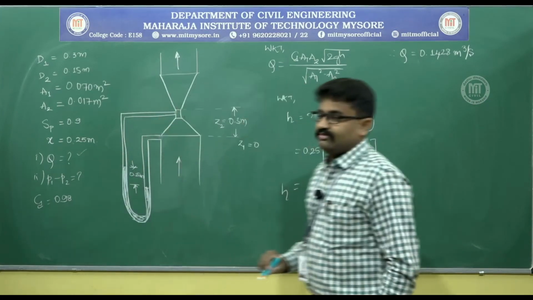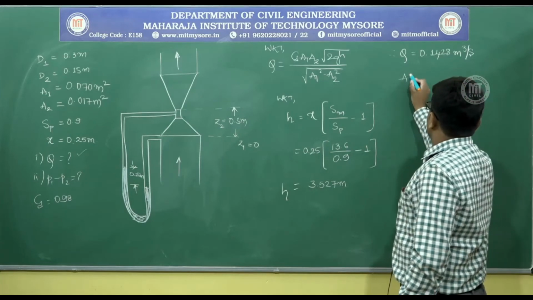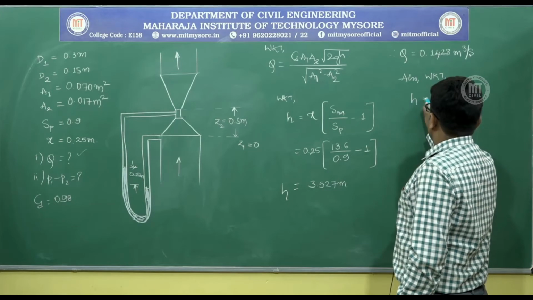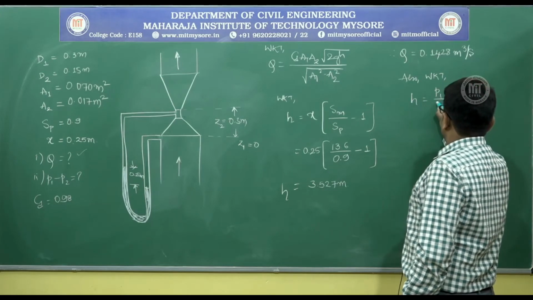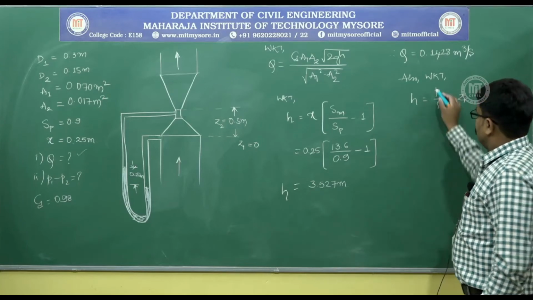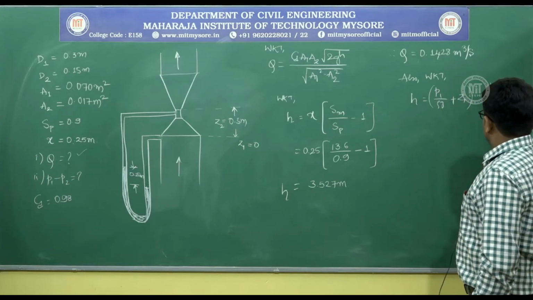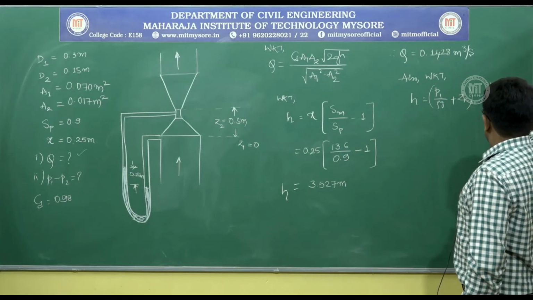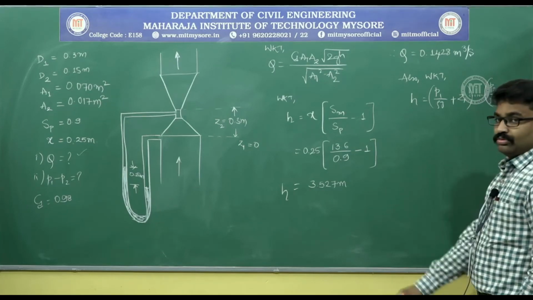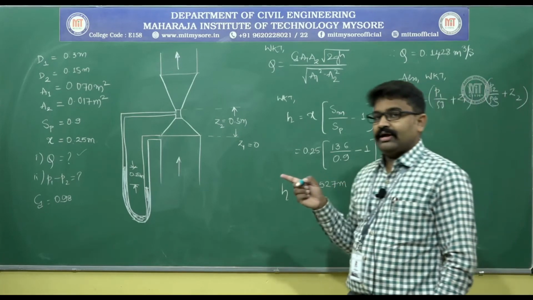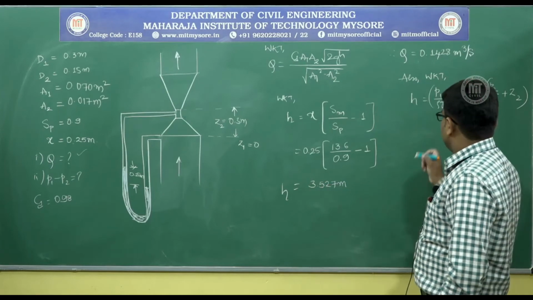To answer the second question, we know that H is equal to P1 by rho g plus Z1 minus of P2 by rho g plus Z2. Now, I will have to just rearrange because I want to get what is P1 minus P2.